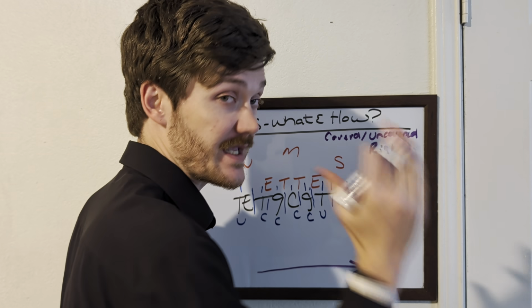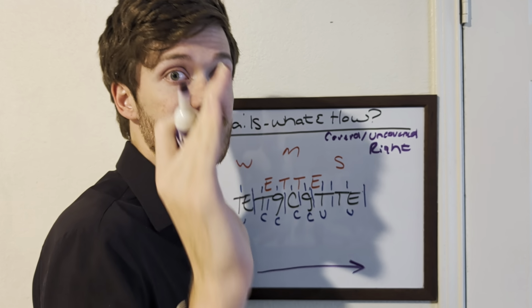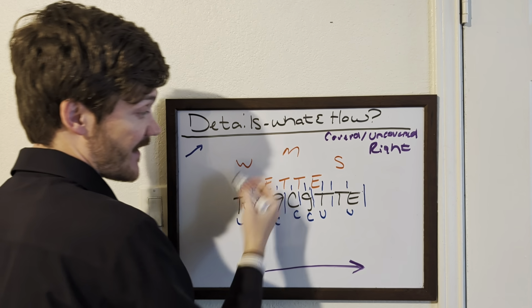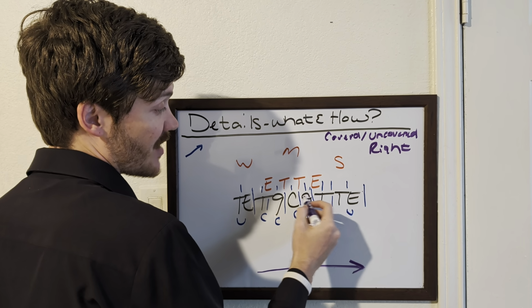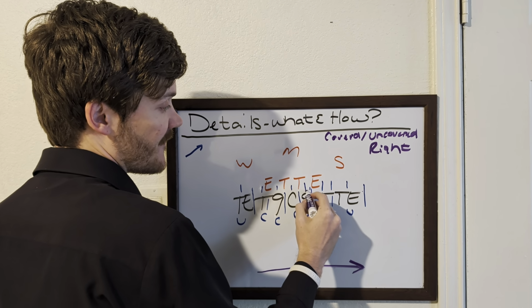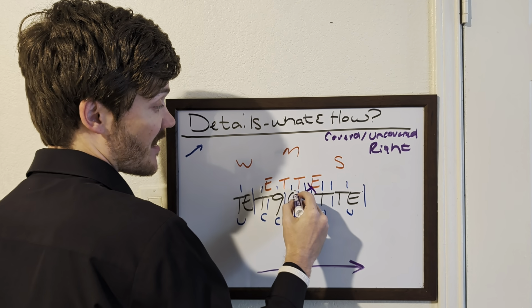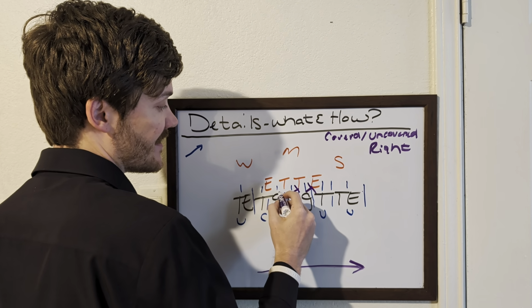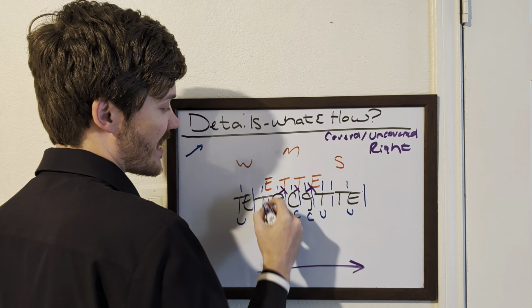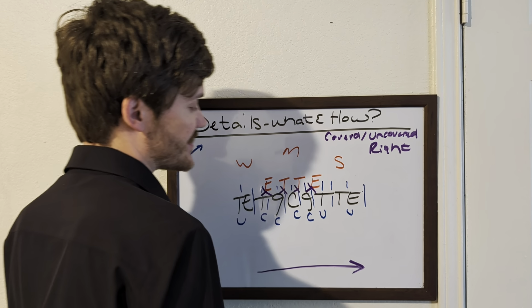Whoever is covering you is your responsibility. So in this, he's uncovered, he's covered, this is his guy. He's covered, this is his guy. He's covered, this is his guy. He's covered, this is his guy.